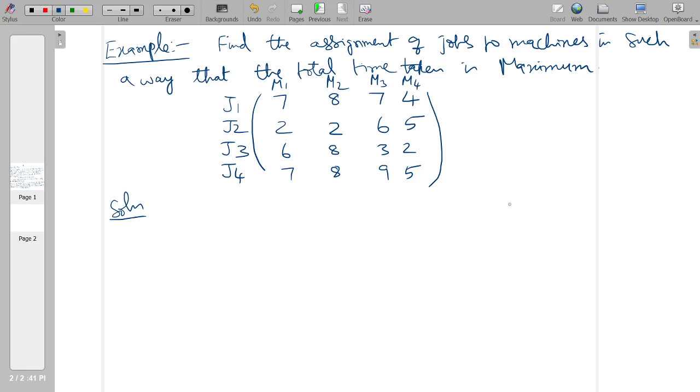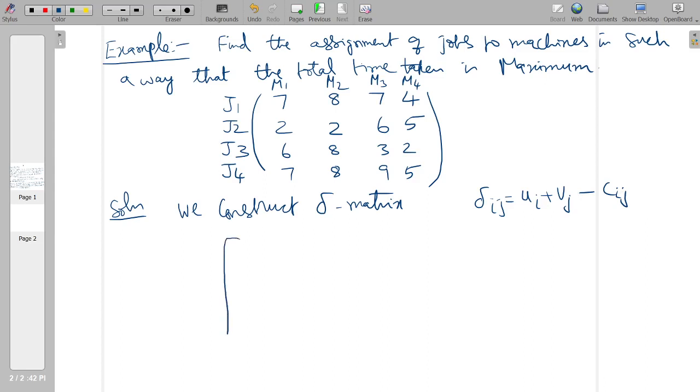So now what I do is, we construct the delta matrix, with delta ij is equal to ui plus vj minus cij. Before that, you calculate u and v.